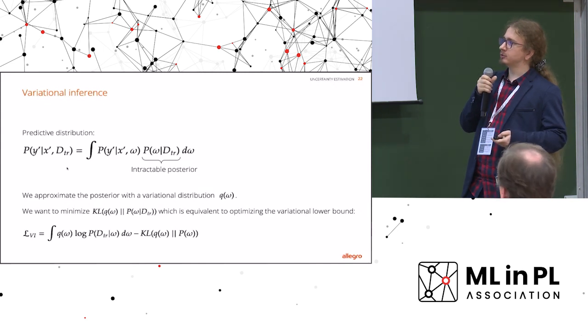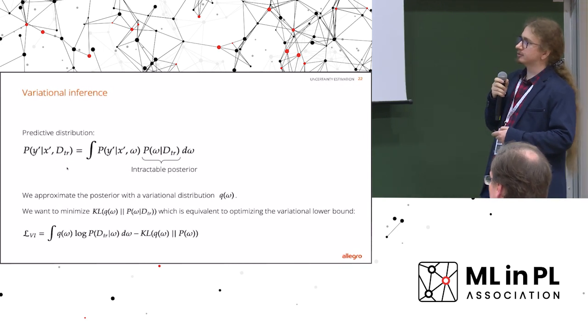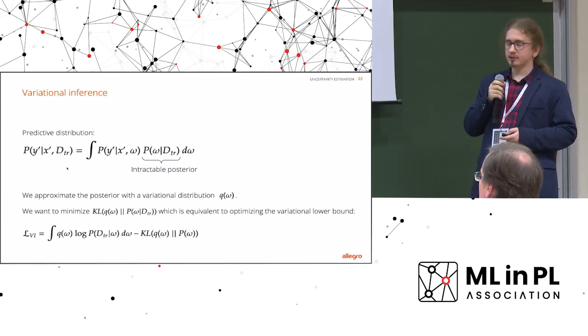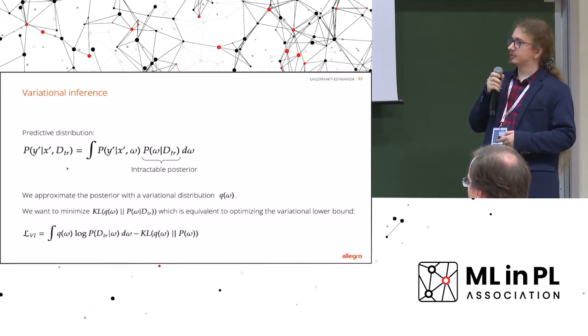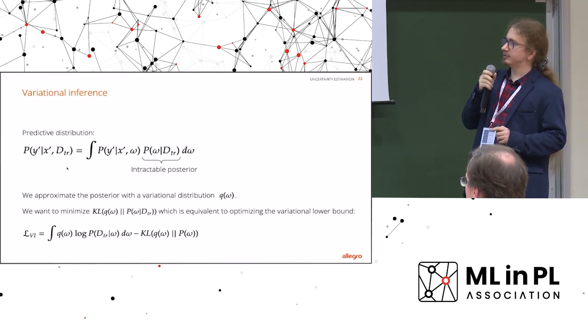And this is basically equivalent to optimizing this variational lower bound, also known as ELBO, so evidence lower bound. And this basically gives us an expression such as this. So let's leave it for now.